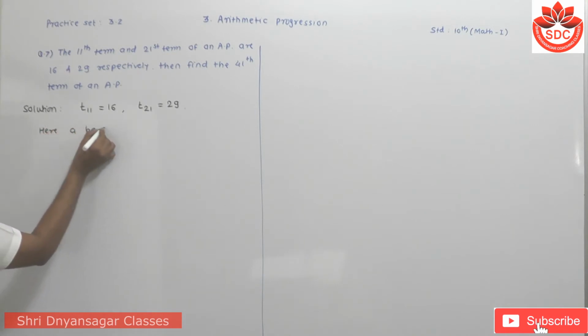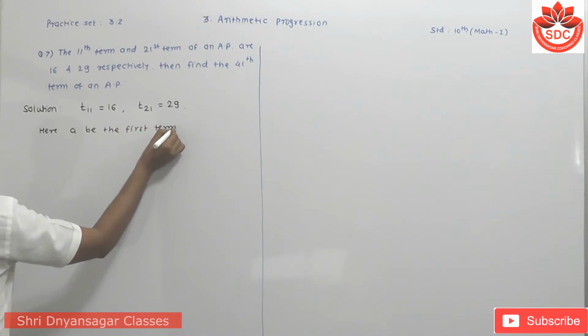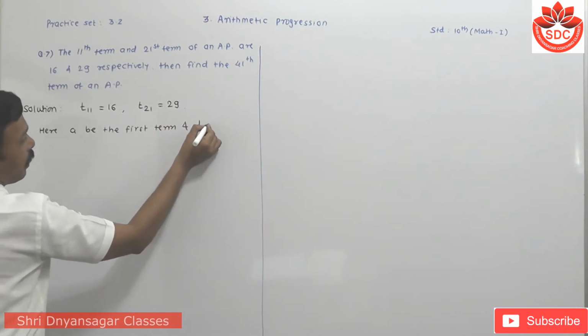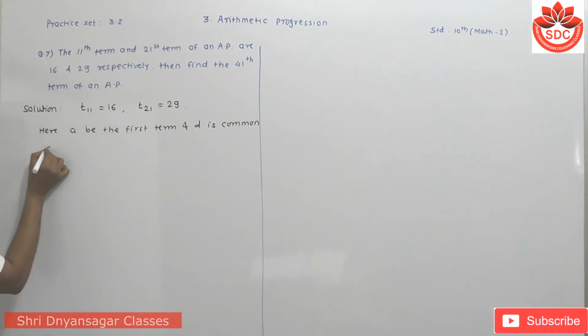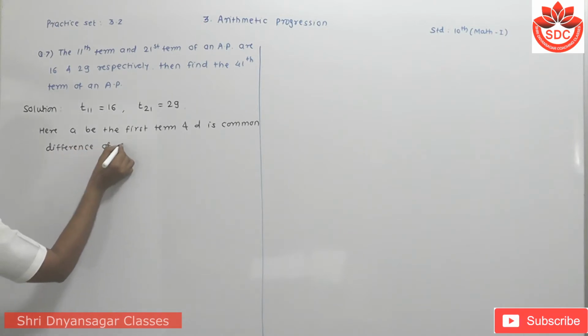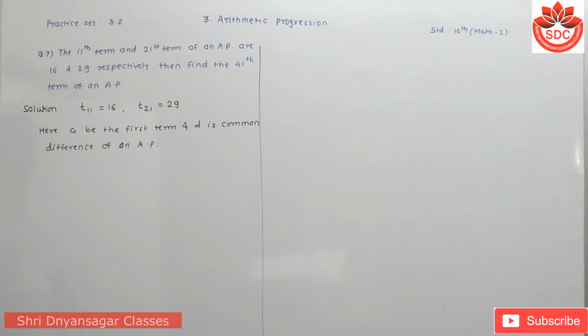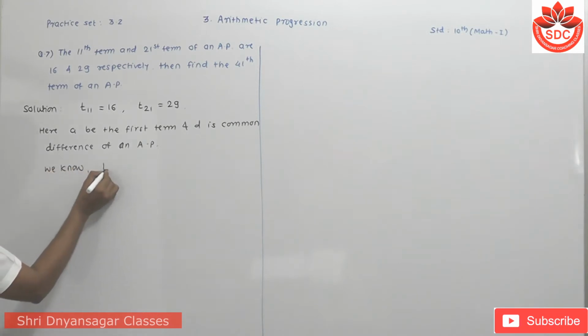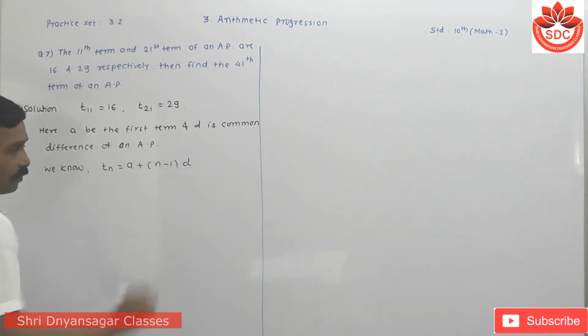Here a is the first term and d is the common difference of the AP. Tn is equal to a plus n minus 1 into d.